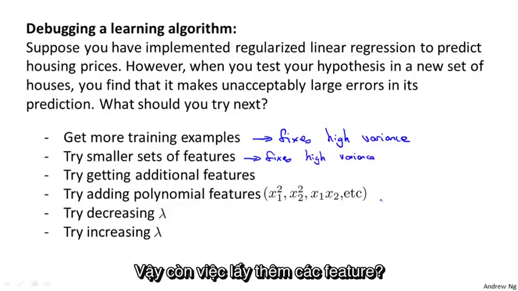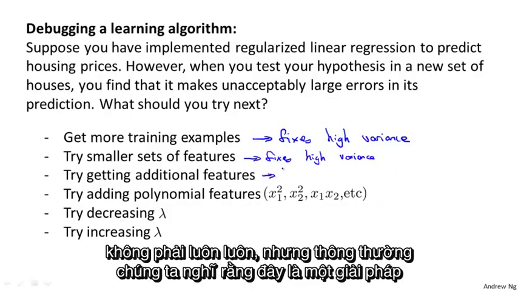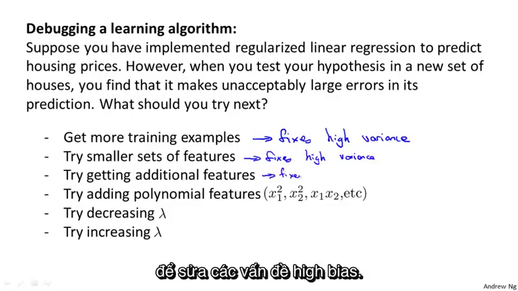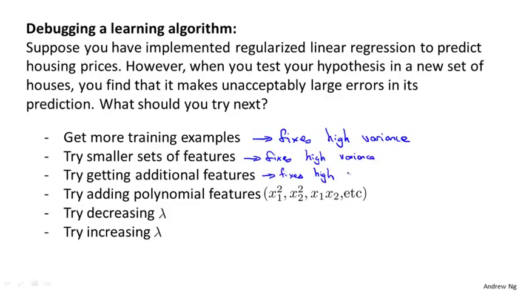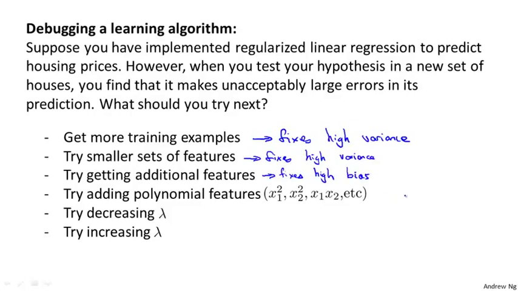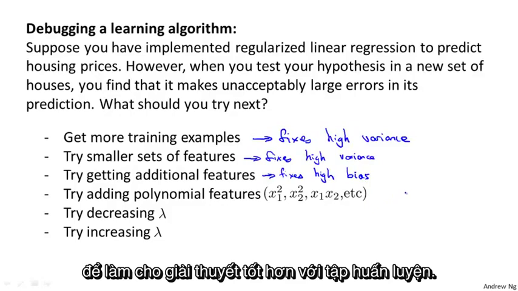How about trying to get additional features? So adding features, usually, not always, but usually we think of this as a solution for fixing high bias problems. If you're adding extra features, it is usually because your current hypothesis is too simple, and so we want to get additional features to make our hypothesis better able to fit the training set.